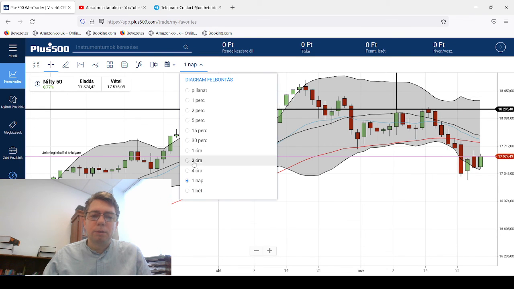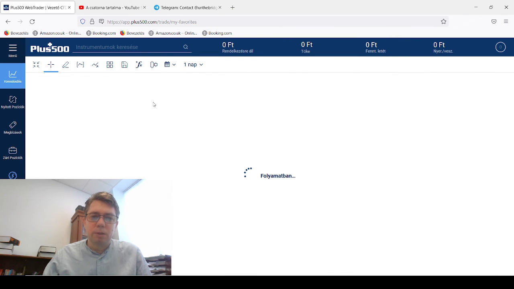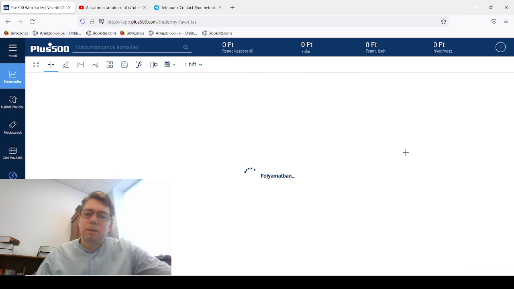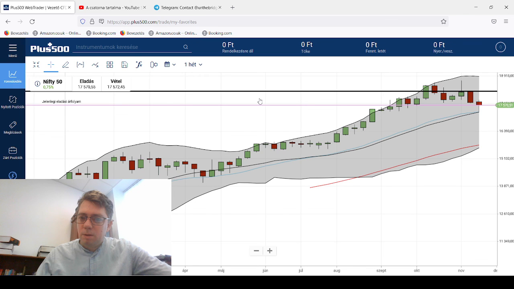And of course, if we look at the weekly chart on Nifty, it's very bullish. And what we can see here is that we bounce back from the 20 EMA, and in this bull run, we never closed below the 20 EMA on the weekly chart.